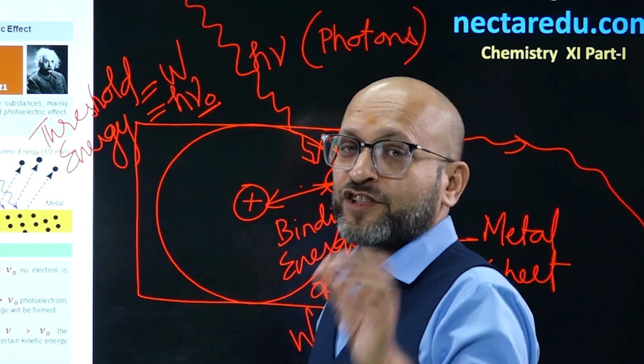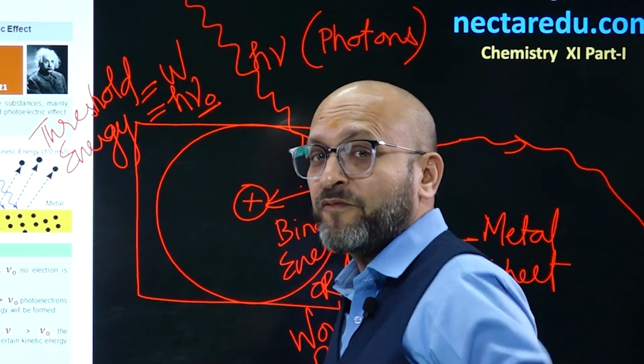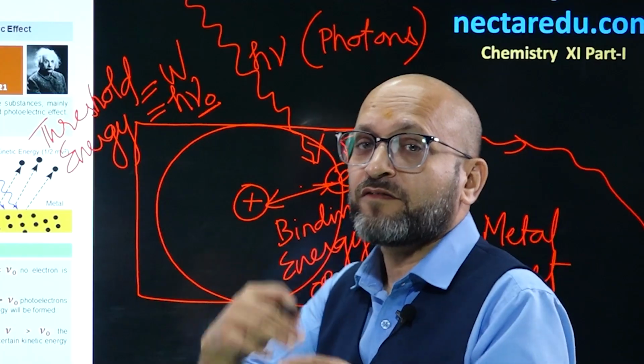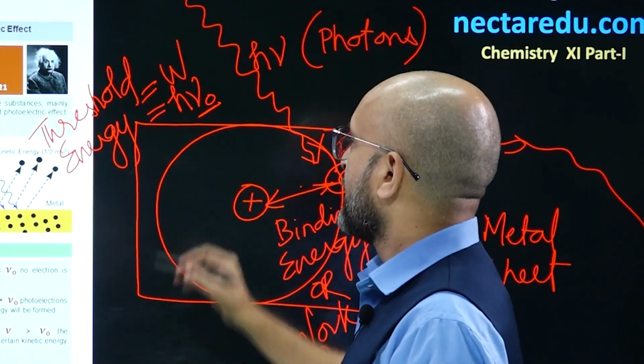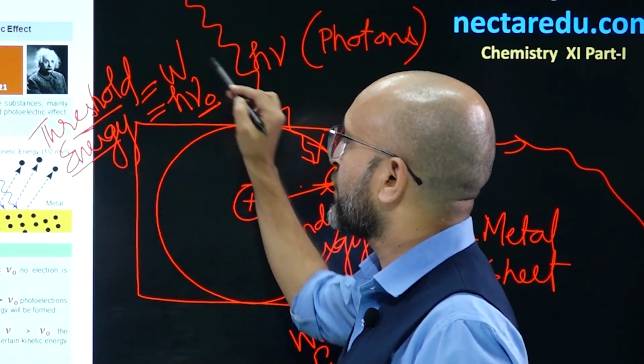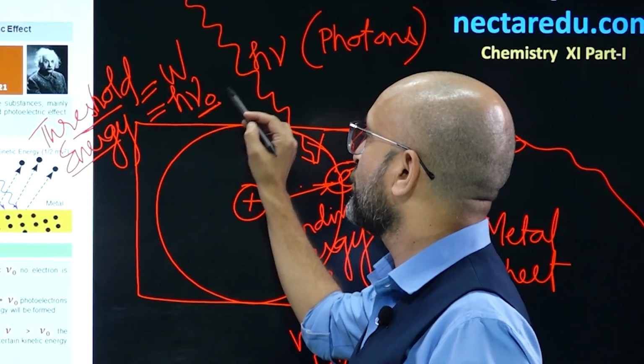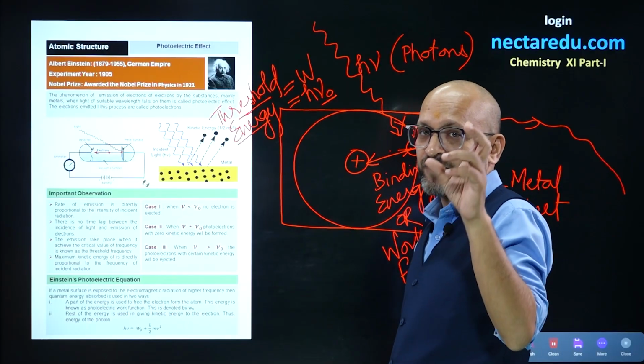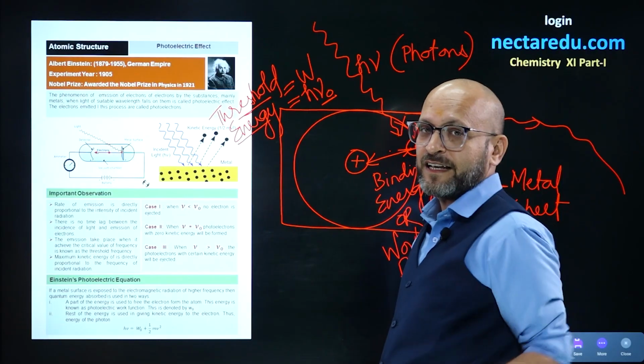Nu naught is the threshold frequency. This is the minimum frequency for which an electron will be ejected. So threshold energy equals the work function of the metal, which equals h nu naught.